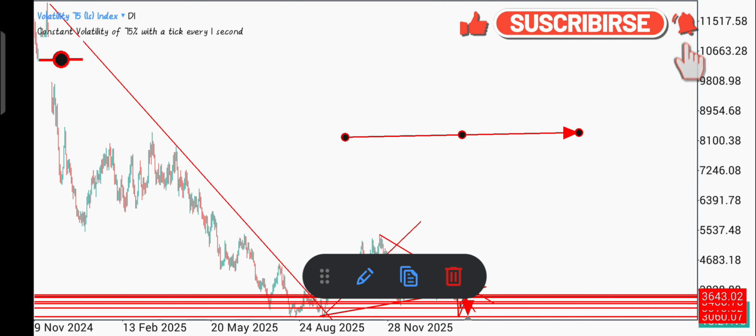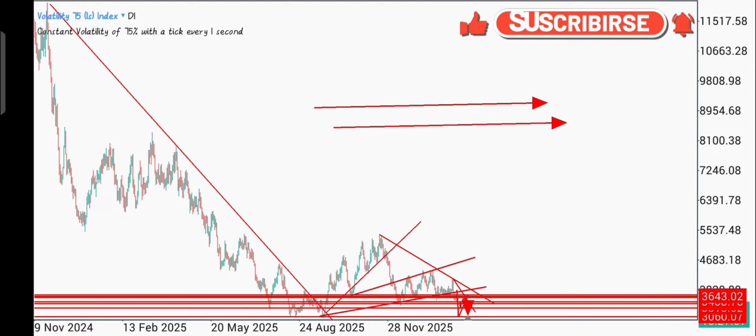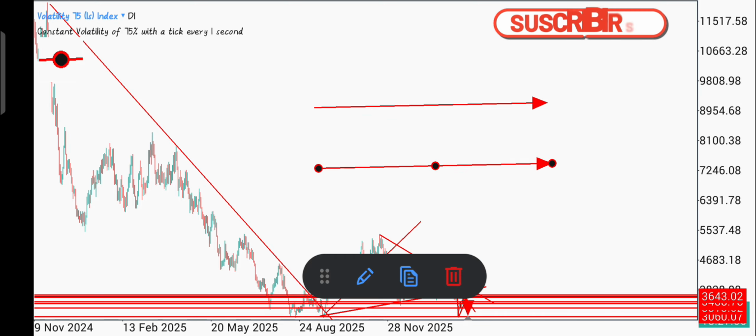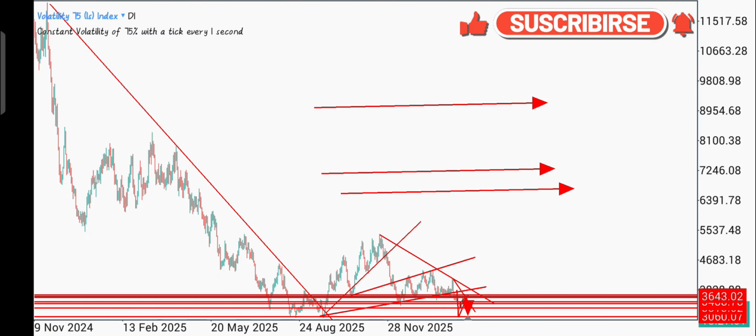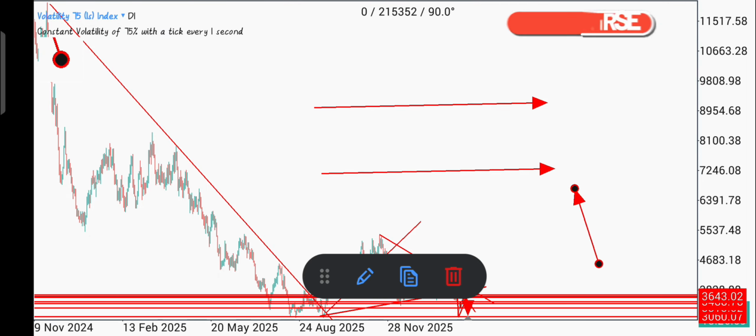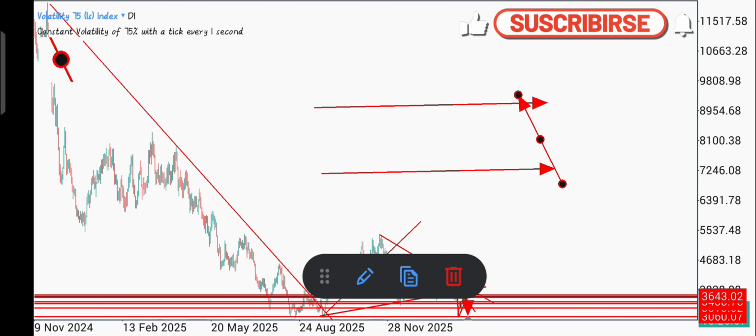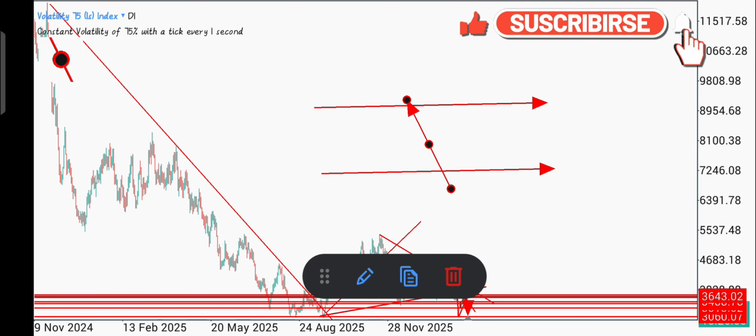For example, if the trend is going something like this and is not breaking any support or resistance here, this up here is resistance and this down here is support.